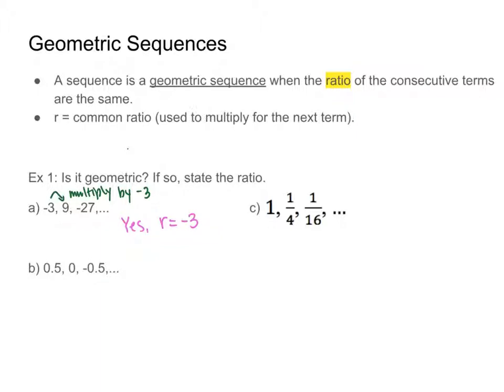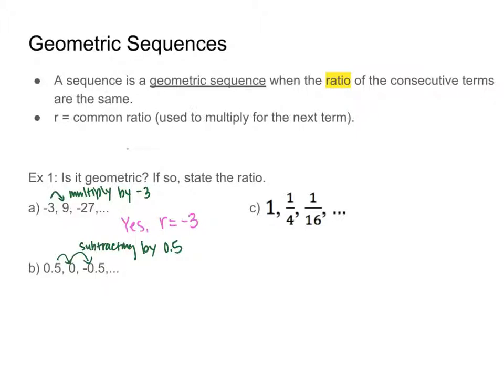Okay, so next one here, let's see what we have. Part B: from positive 0.5 to 0, then from 0 to -0.5, what is my pattern? For me, I notice that this is subtracting 0.5, so I'm minusing by 0.5 every time.